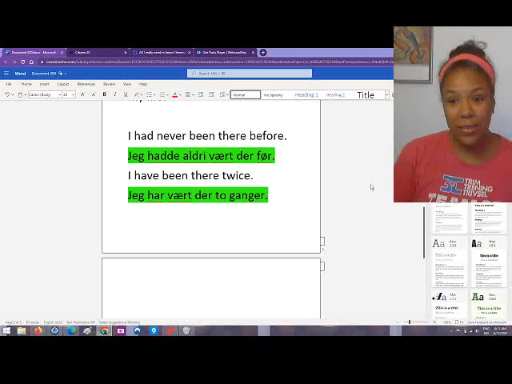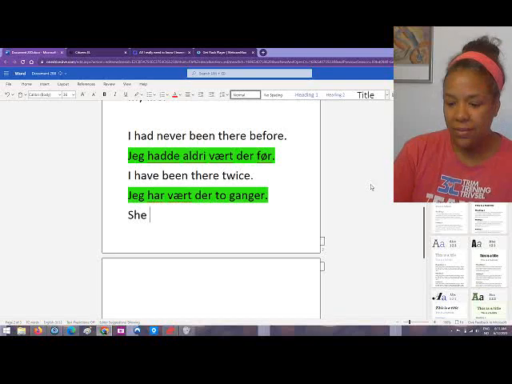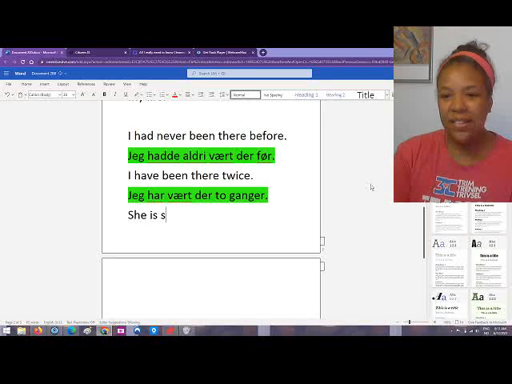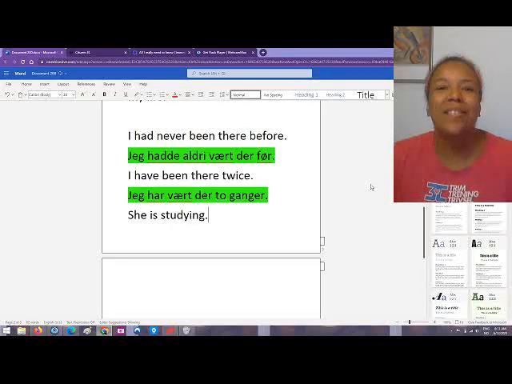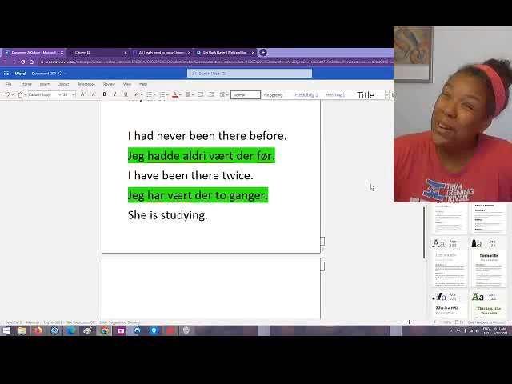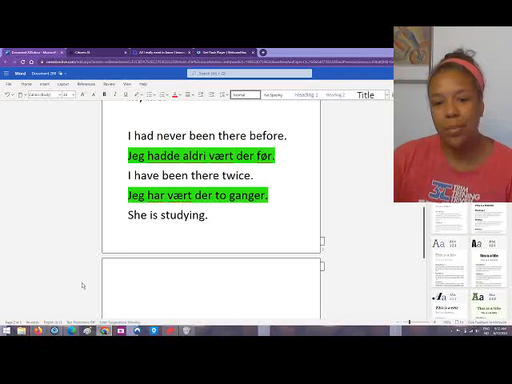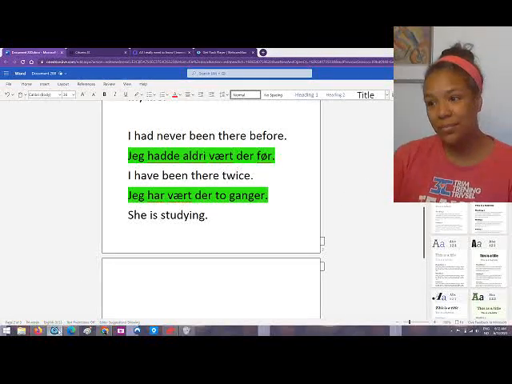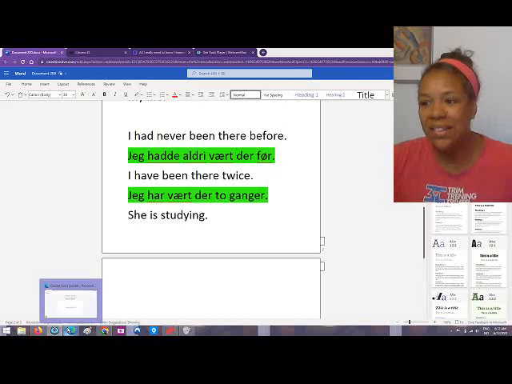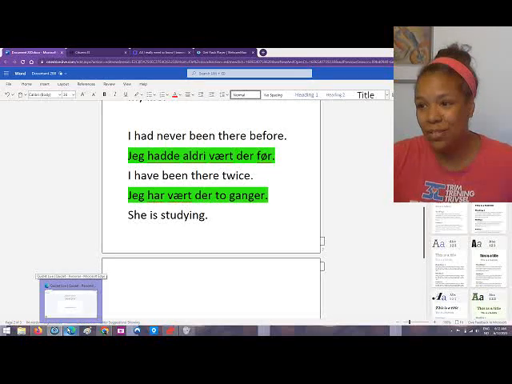Now you're going to type the next sentence. She is studying. This is a little tricky. She is studying. Please type that in the chat box.